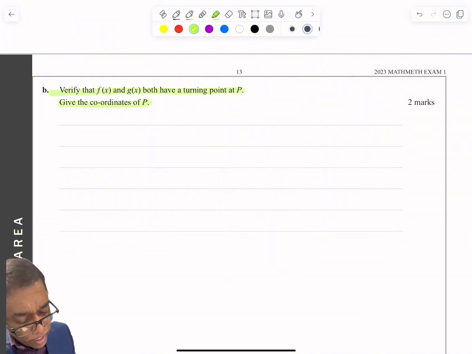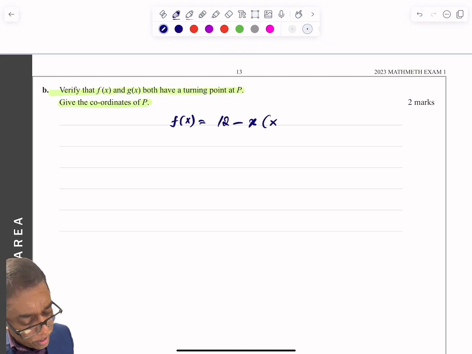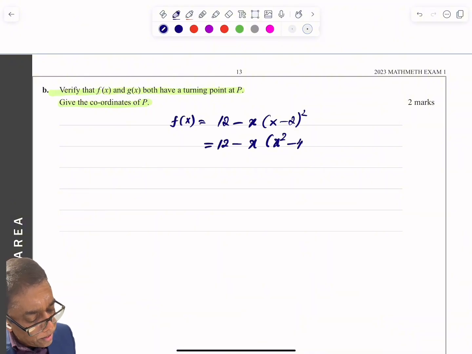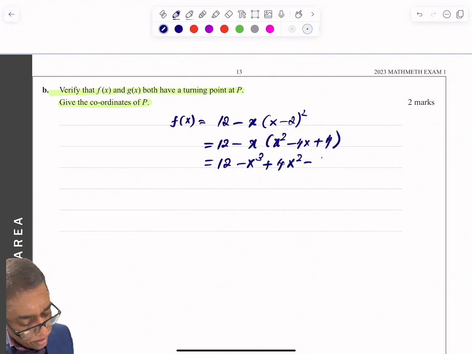Now we know that f(x) is (12 minus x)(x minus 2) squared, which is (12 minus x)(x squared minus 4x plus 4), which is 12 minus x to the power of 3 plus 4x squared minus 4x. What is f dash x?